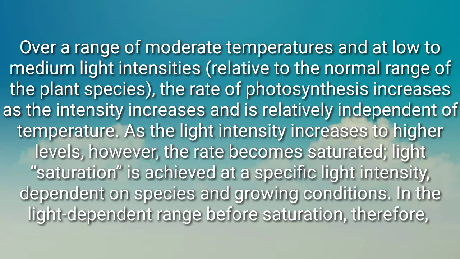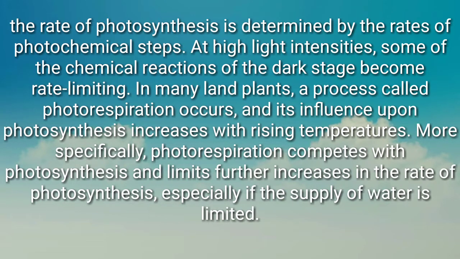Light saturation is achieved at specific light intensities depending on species and growing conditions. In the light-dependent range before saturation, the rate of photosynthesis is determined by the rate of photochemical steps, and at high light intensity some of the chemical reactions of the dark stage become rate limiting.